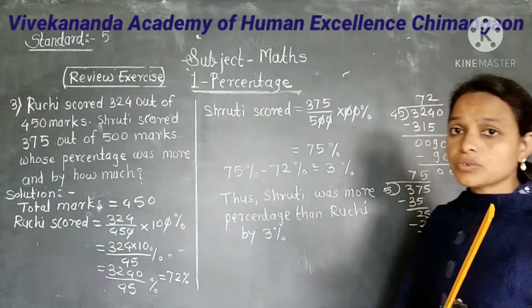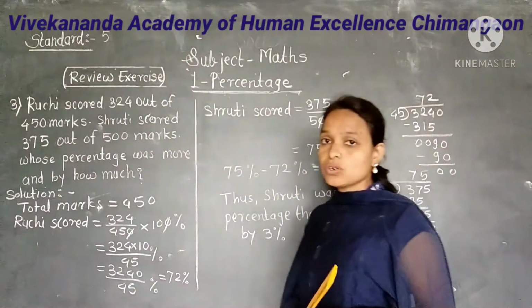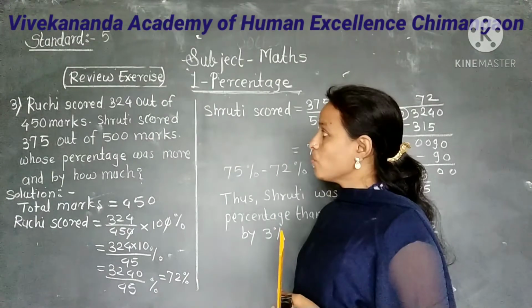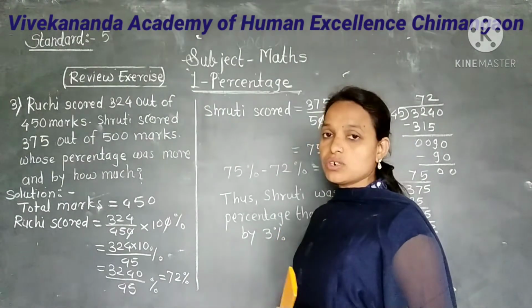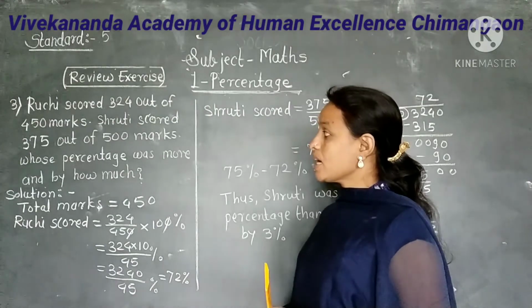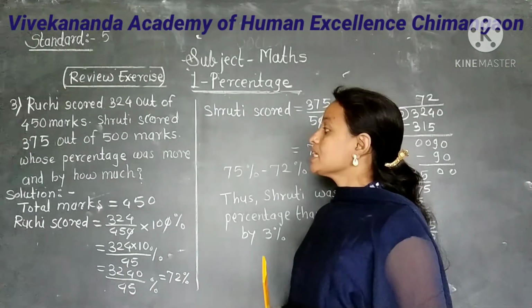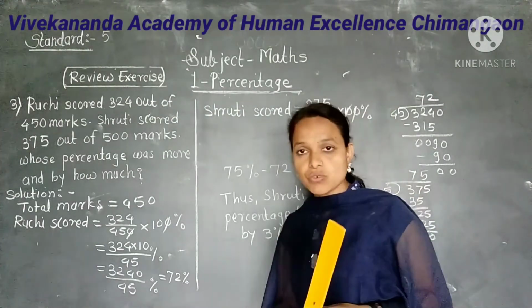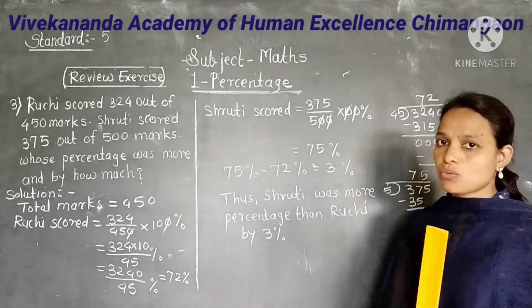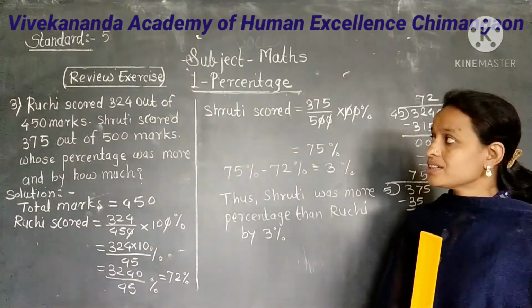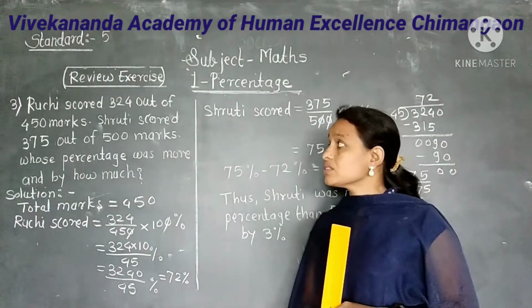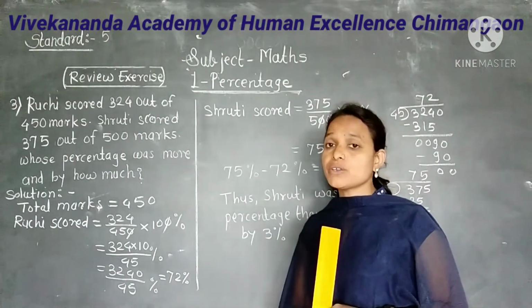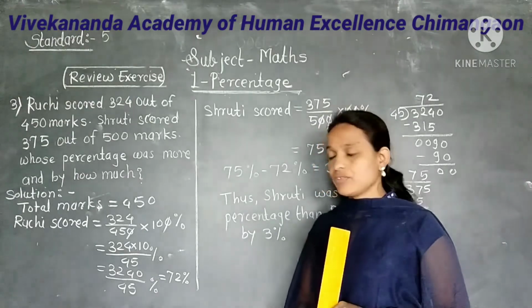Now third word problem. Ruchi scored 324 out of 450 marks. Shruti scored 375 out of 500 marks. Whose percentage was more and by how much? So student, here both scores are different and total marks are also different.